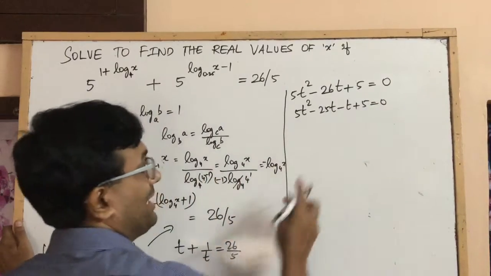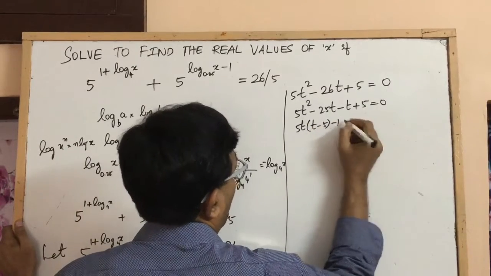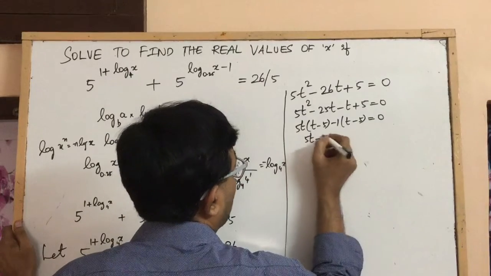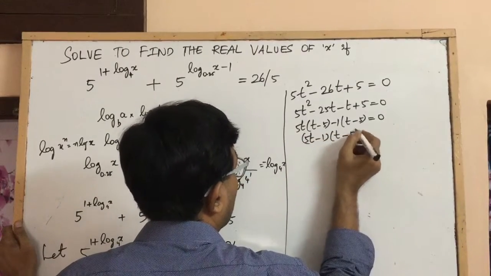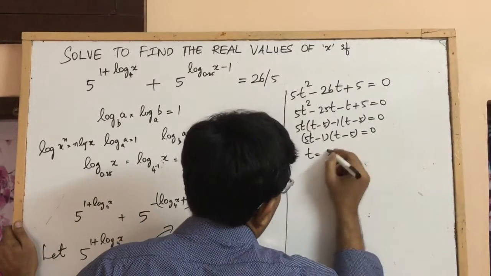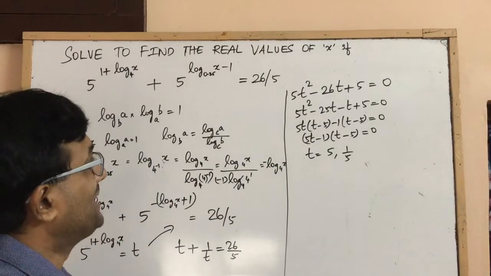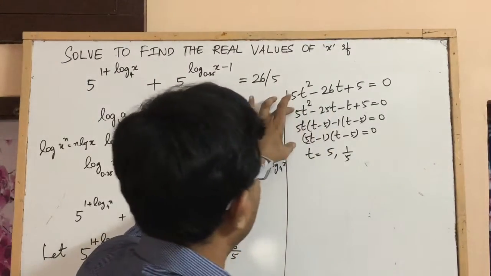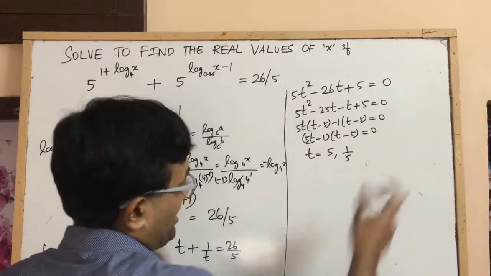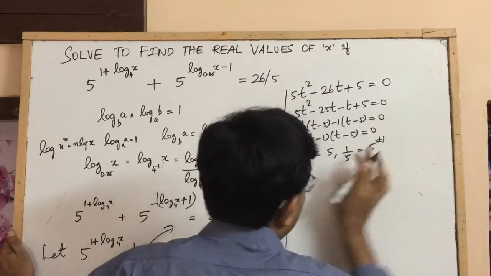We could rewrite it this way, or in other words, 5t into t minus 5 minus 1 into t minus 5, or 5t minus 1 into t minus 5 is equal to 0, right? Or t is equal to 5 or 1 by 5. If you do not know how to factorize, you could use the quadratic equation formula as well. But this is factorizable, so it's much easier to handle. This is 5 power plus or minus 1. These are the two possible values of t.